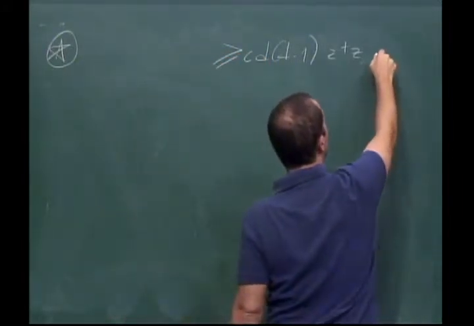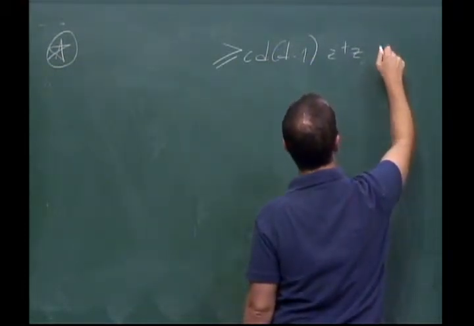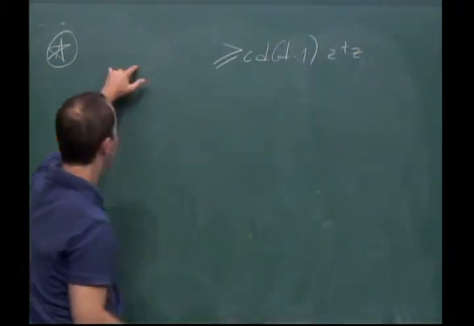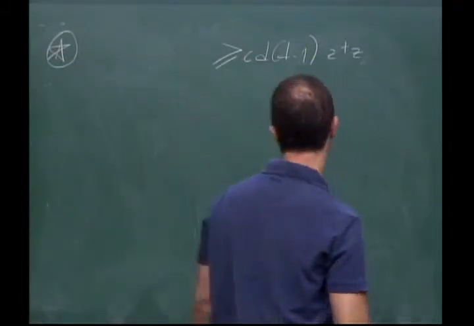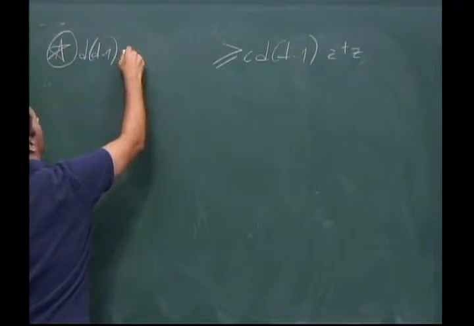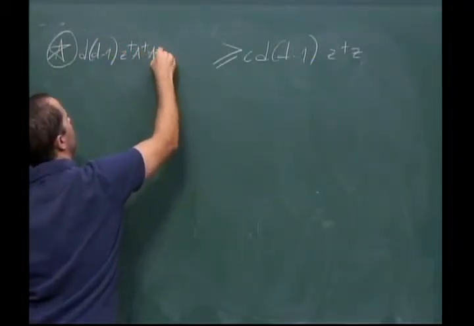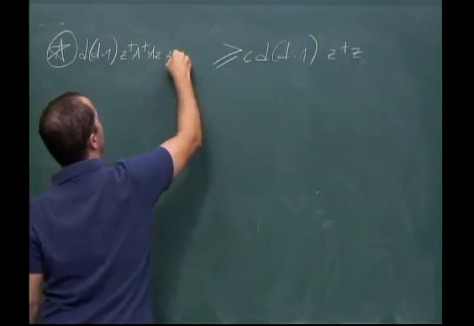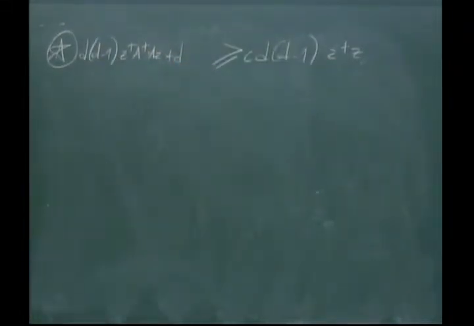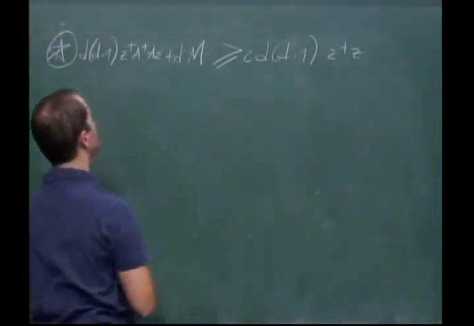And then there are D terms where L equals R, but we don't want to care about them, so I'm just going to forget them. On the other side, I have D times D minus 1 terms, which give Z transpose A transpose A Z, plus D terms, which are bounded by M.